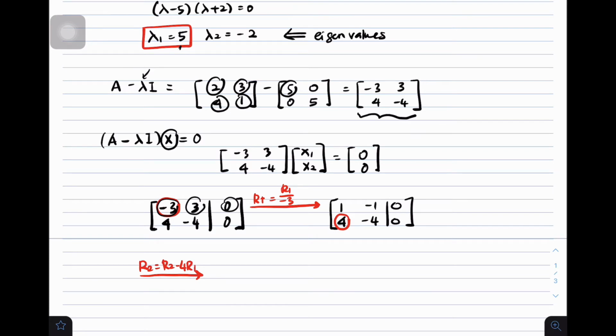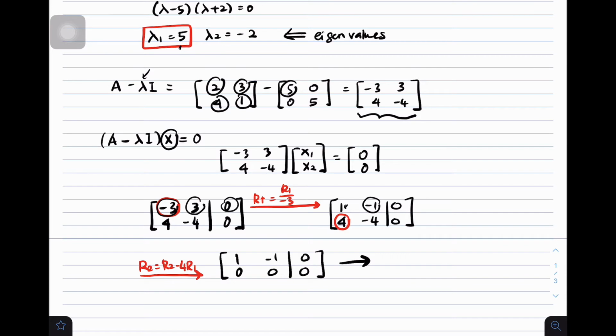So you will change the value of R2, therefore R1 will remain the same, 1, negative 1, 0. So now 4 times R1: 4 times 1 is 4, 4 minus 4 is 0. 4 times negative 1 is negative 4. Negative 4 minus negative 4 will give you 0. So 0 minus 0 will give you 0 as well. So now we already have our row echelon form.